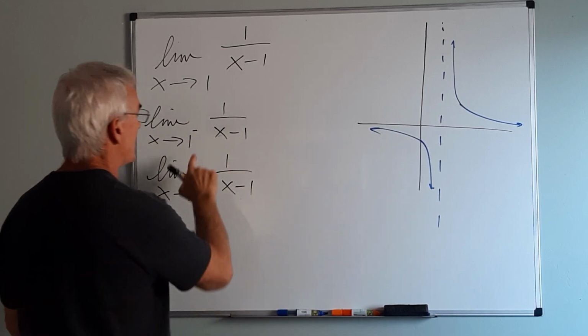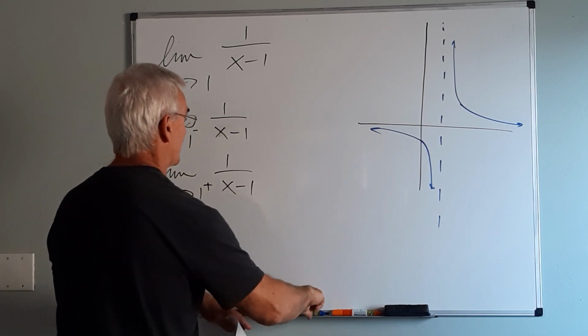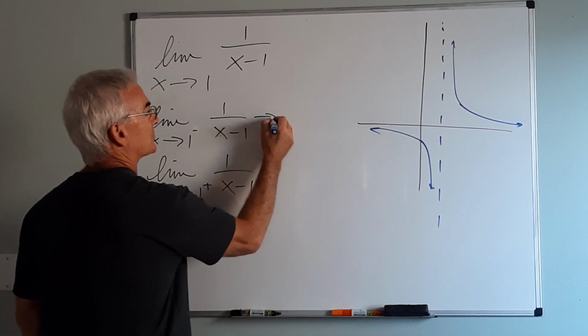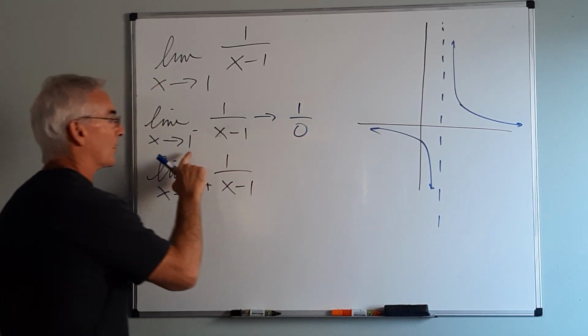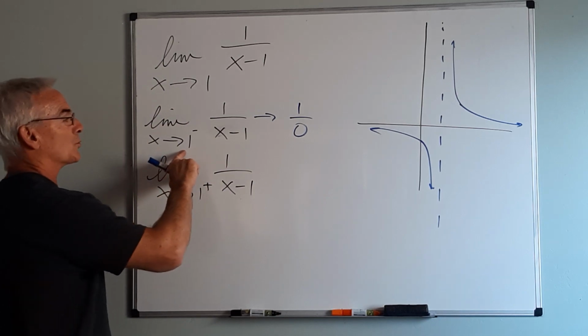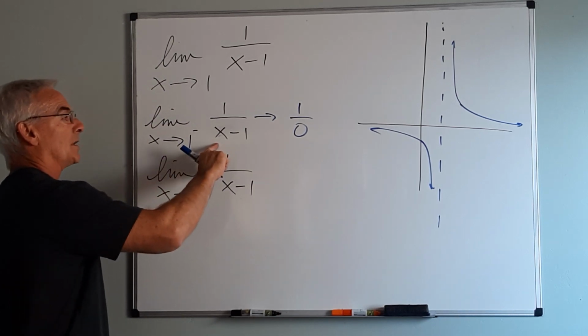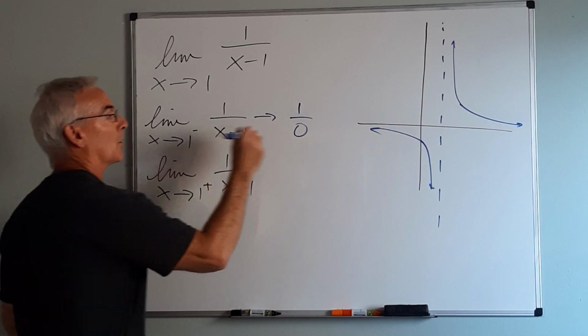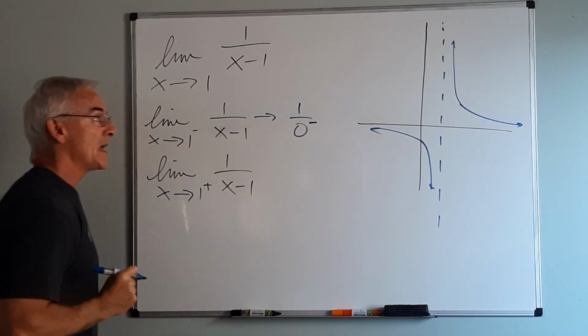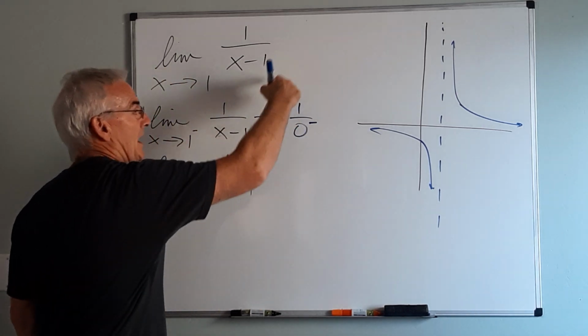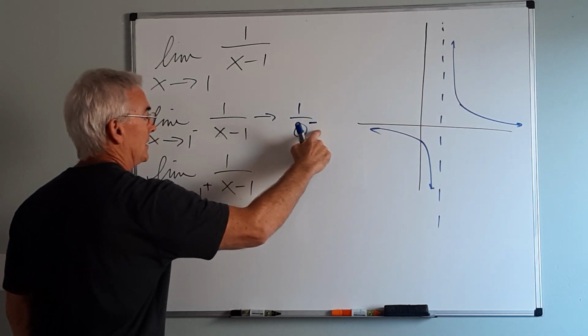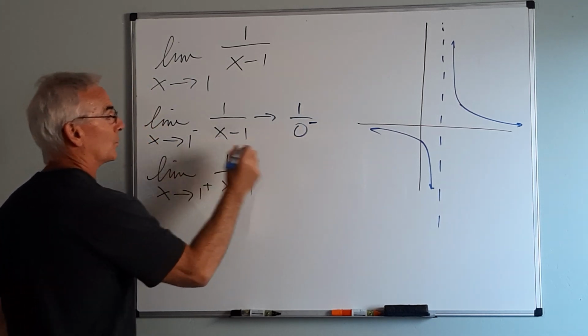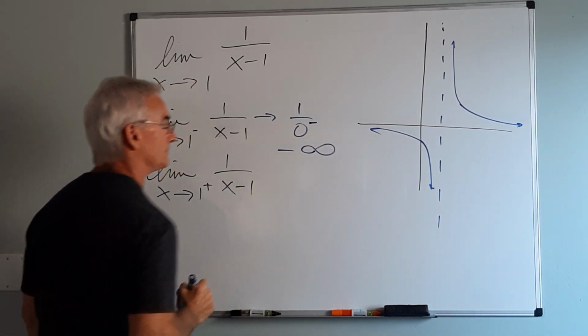Now, as I approach 1 from the left, my denominator is approaching 0, that's true. But 0 from which side? As I approach 1 from numbers to the left of 1, then x minus 1 is approaching 0 from the left of 0. That means that I am growing without bound negatively. So this first limit here would be negative infinity.